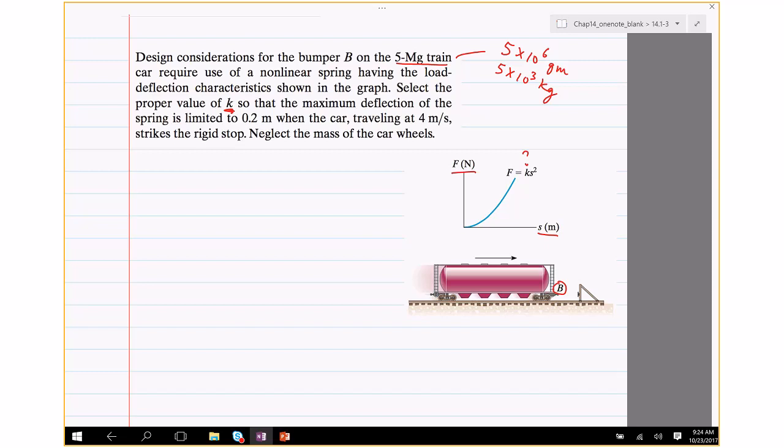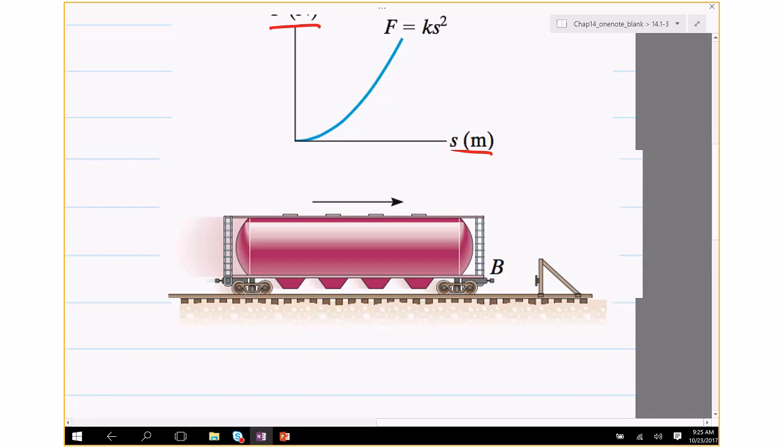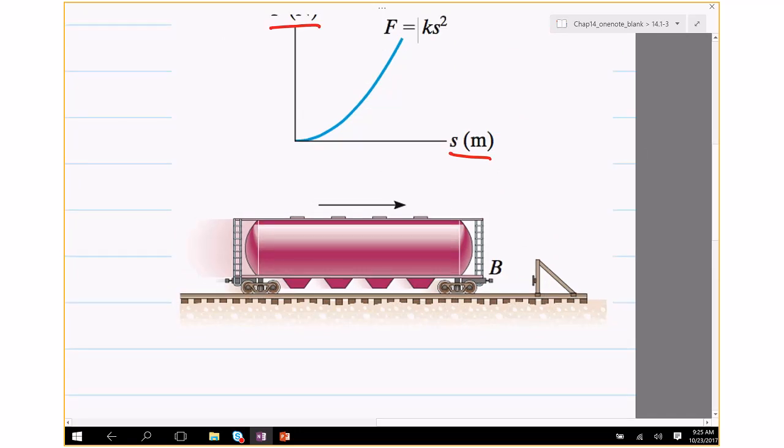It's very hard to see this with this resolution, but now maybe it's more clear. The spring is not shown, but apparently there's a spring here. When this thing is about here, it's moving to the right at 4 meters per second. It barely makes contact with the stop.